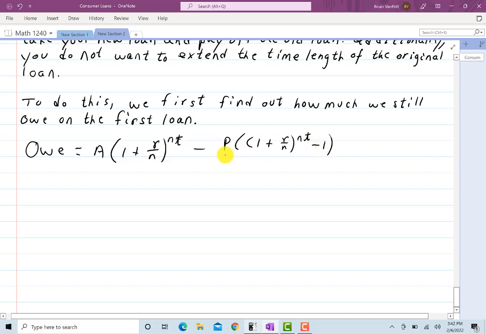All that stuff is in parentheses, and this second piece is a fraction. In its denominator is R over N. And that T, once again, has two slices. Everything is the same as what you think it may be, except the T here equals the time that you've already paid.